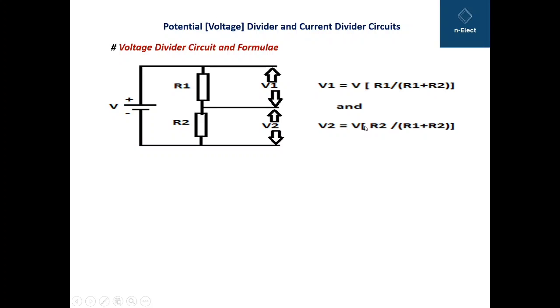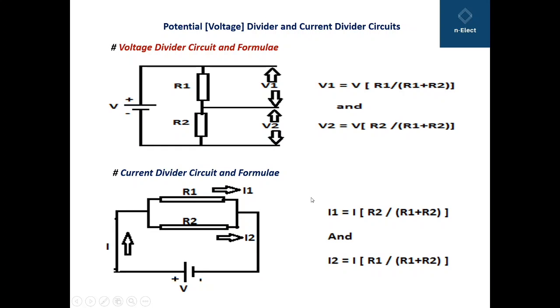So V into the bracket R2 upon R1 plus R2 will be the formula for the voltage drop across the resistor R2. This is how, by using the formulas directly, you can calculate the voltage drop across R1 or R2.